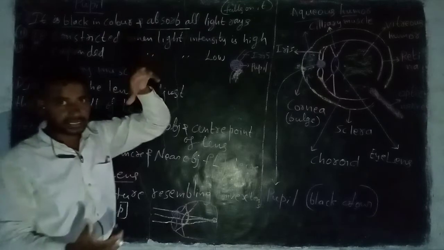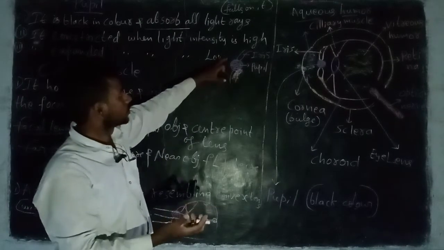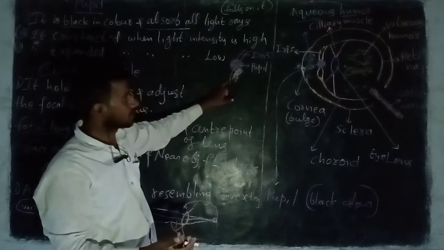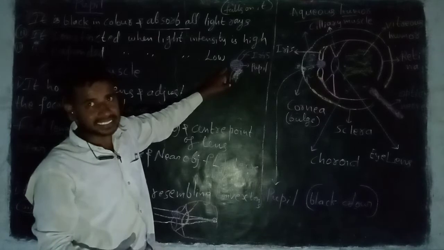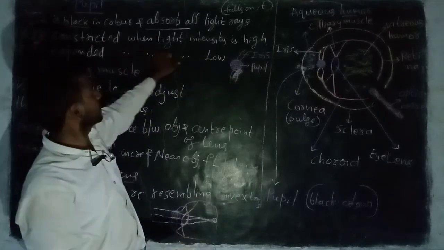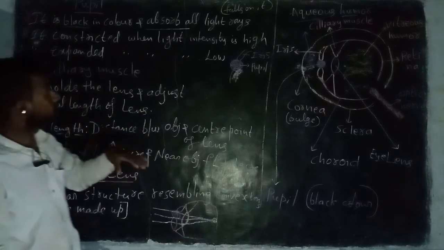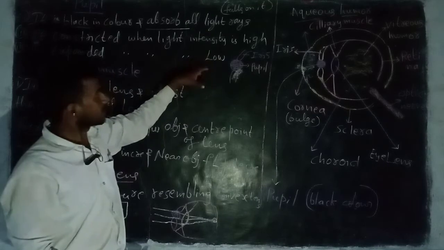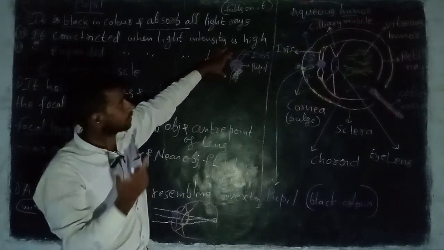The pupil is adjusted between the irises, one upper iris and one lower iris.